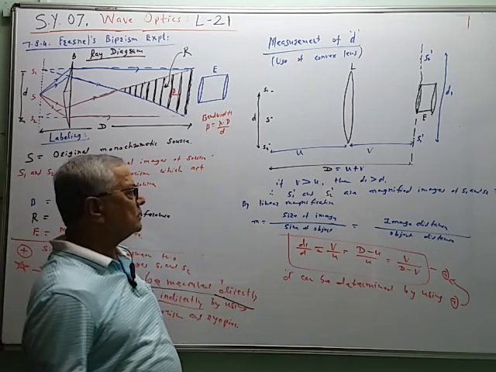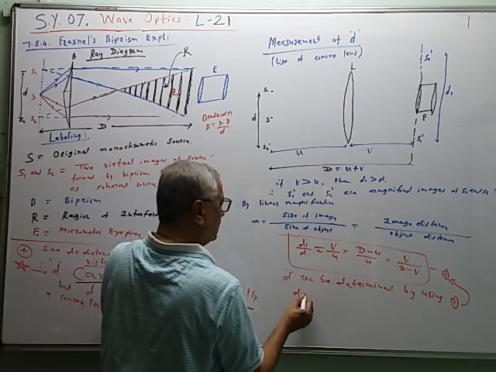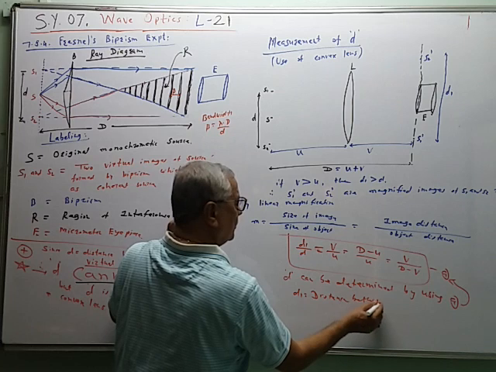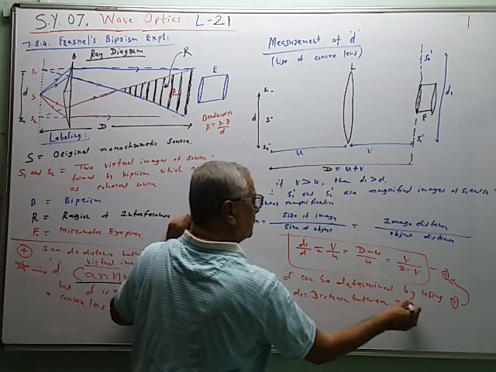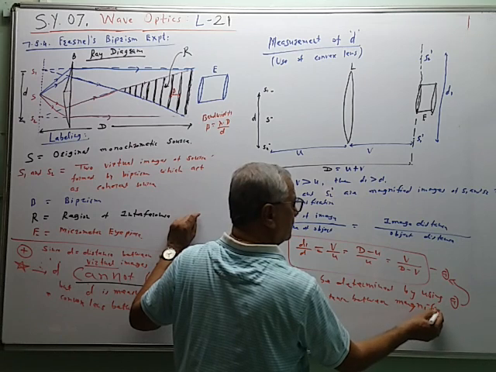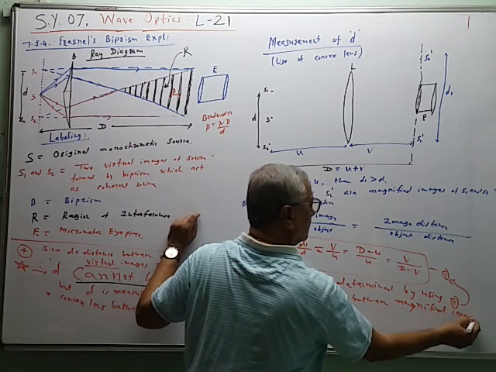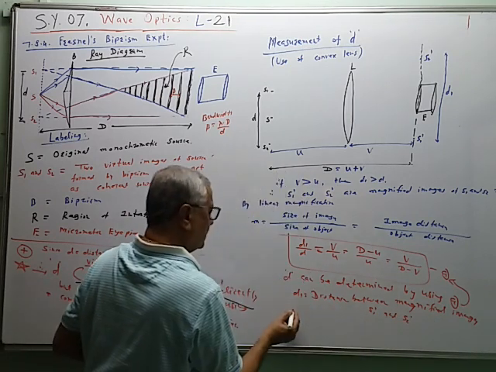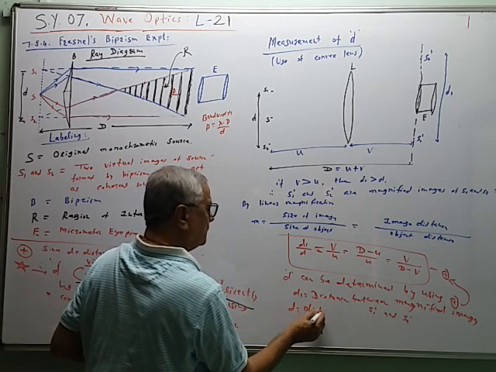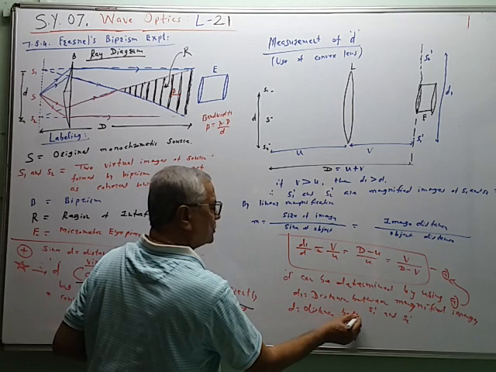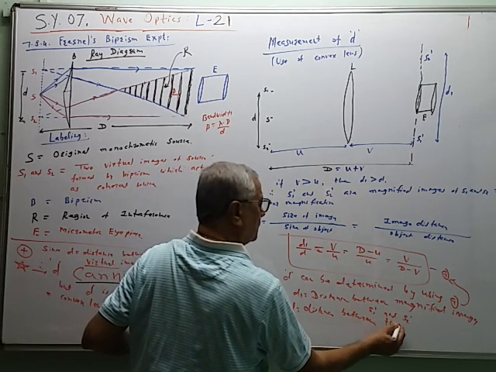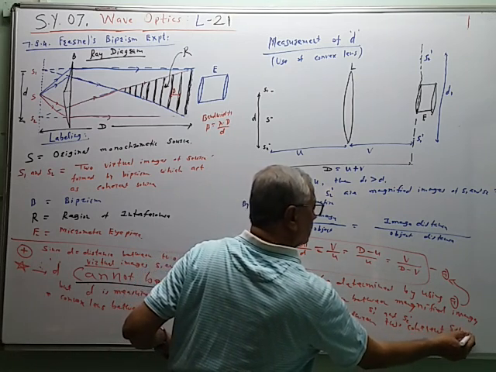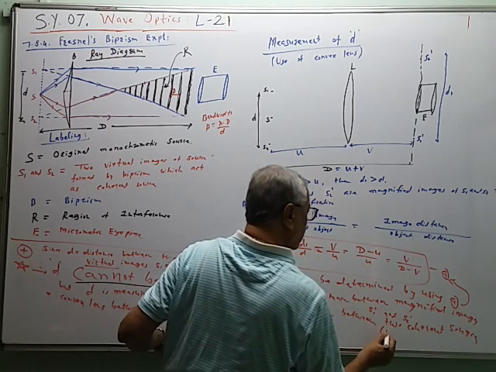So d1 is the distance between the magnified images S1 dash and S2 dash. d is the distance between the two coherent sources, that is, the virtual images.